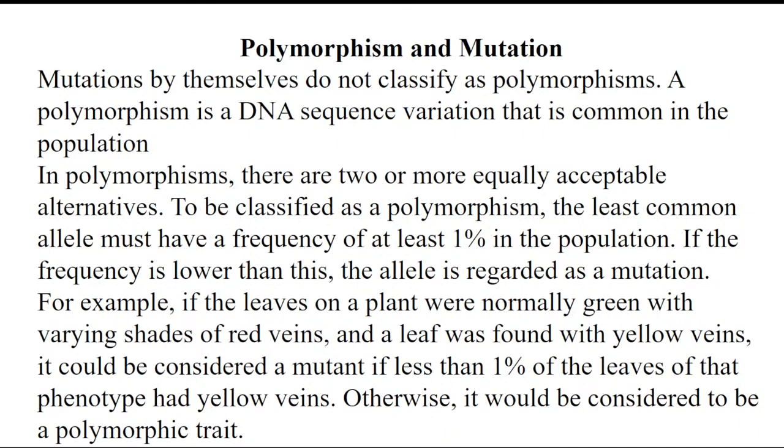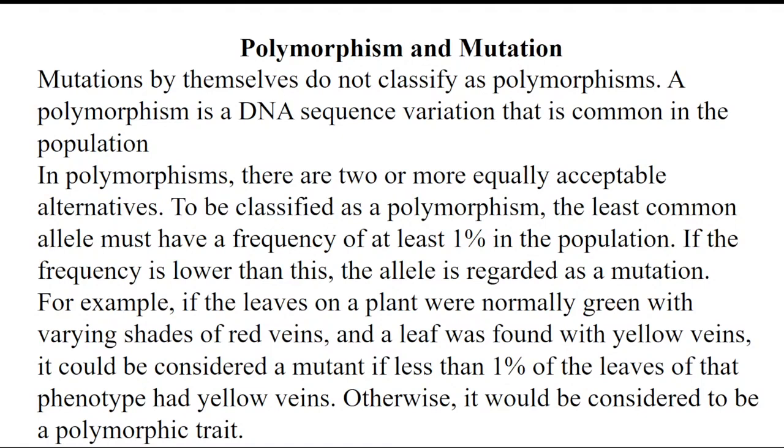A polymorphism is a DNA sequence variation which is common in the population. In polymorphism, there are two or more equally acceptable alternatives. To be classified as a polymorphism, the least common allele must have a frequency of at least 1% in the population.